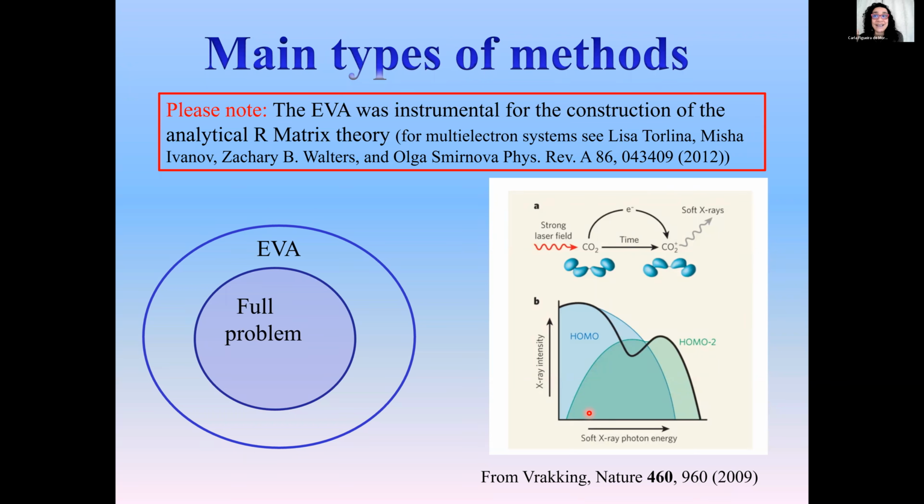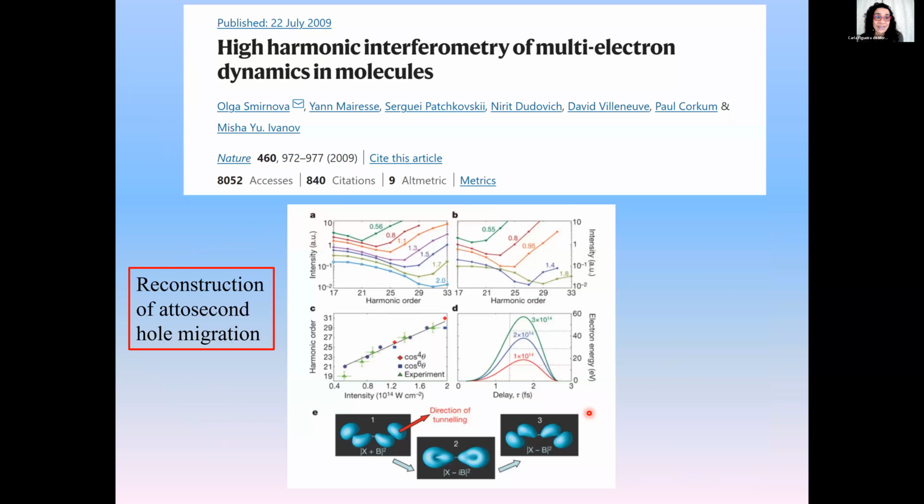So people were taking one active orbital, freezing the orbital, and then doing this. They considered such an approach. And this was successful as a means of describing the fact that if you have a molecule with several electrons, you pull one, you're going to create a hole, and this hole is going to migrate. So this is the work if you would like to have a peek.